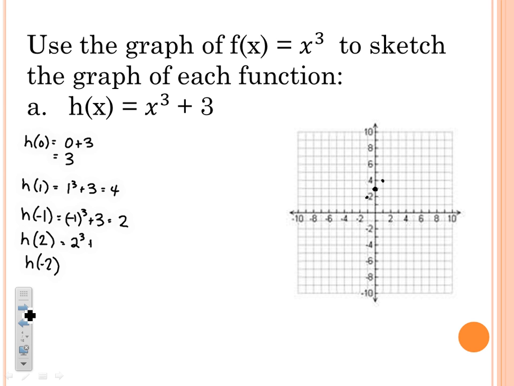So 2 to the third power plus 3 is 11, and negative 2 cubed plus 3 is going to be negative 8 plus 3, or negative 5. So 2, 11 is a point, and negative 2, negative 5 is a point. Now you can kind of see how that curve is going to take shape. Do you see how it ends up still looking like a parent function? It just shifted up 3, and we could tell that from that initial equation of x cubed plus 3.